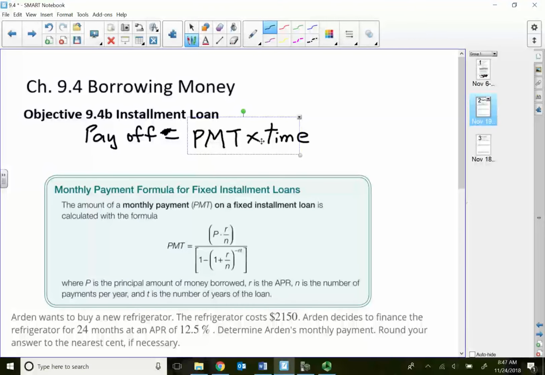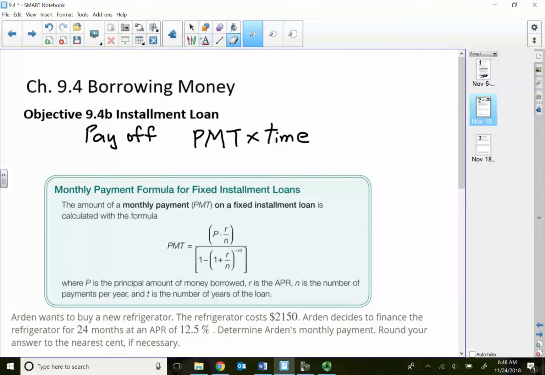Take the payment times the total amount of time you need to make your payments, and whatever the answer is, that is the total amount of money you have paid. Therefore, if you're doing a monthly payment, once you've paid every single month, that means you have paid off what you borrowed.